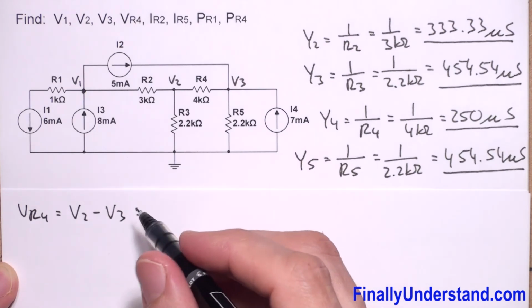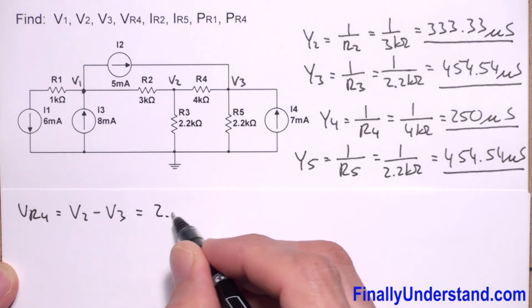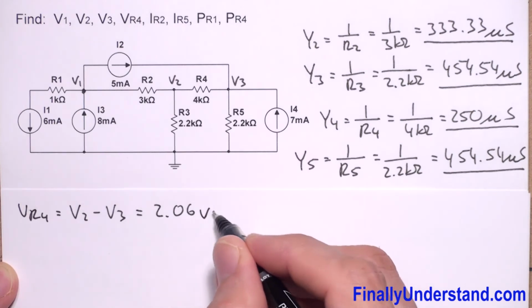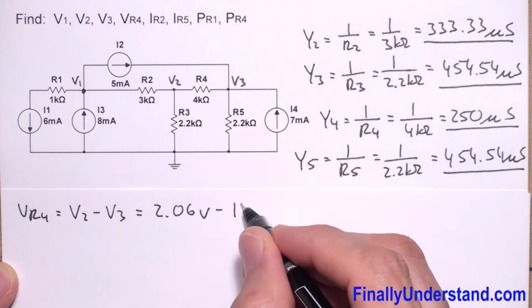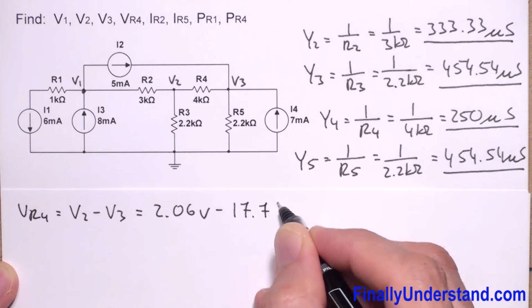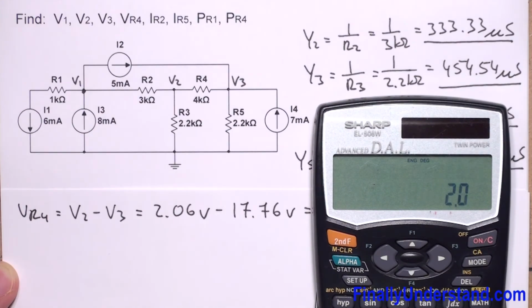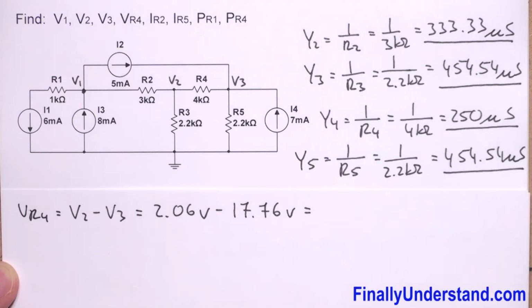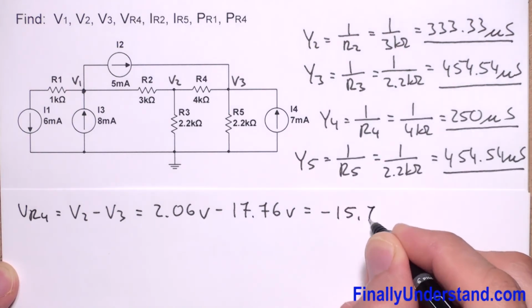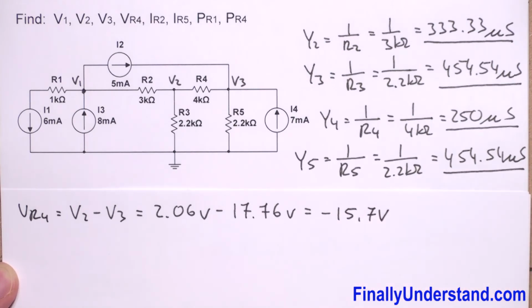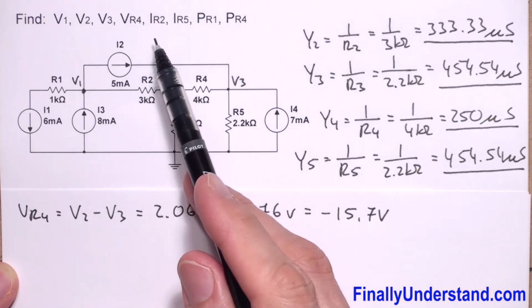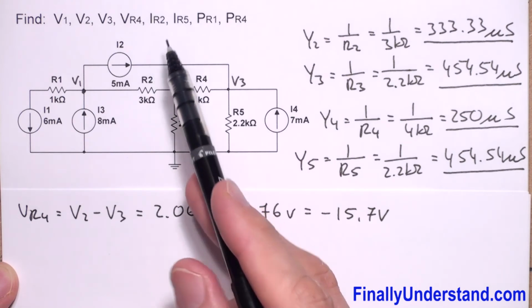V2 is 2.06 volts minus V3, which is 17.76 volts. This is equal to negative 15.7 volts.